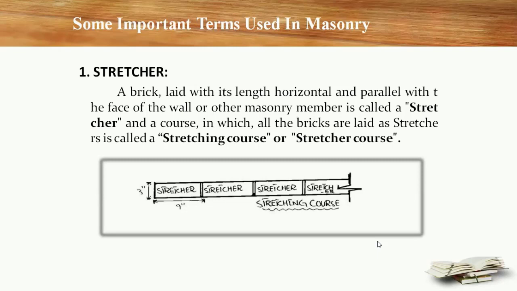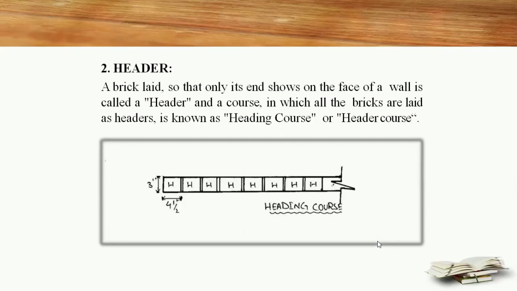If a course contains only stretchers, it is called a stretcher course. Next is the header. A brick is called a header if its shorter face, 90 by 90 mm, is seen on the face of the wall, as shown in the figure. A course containing only headers is known as the header course, as you can see in the figure also.